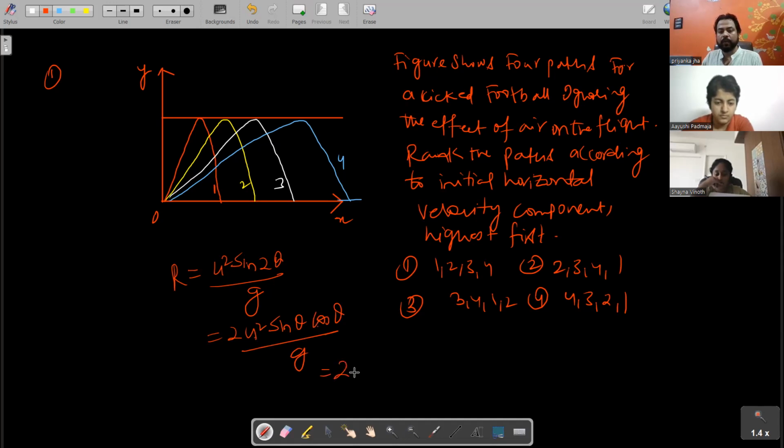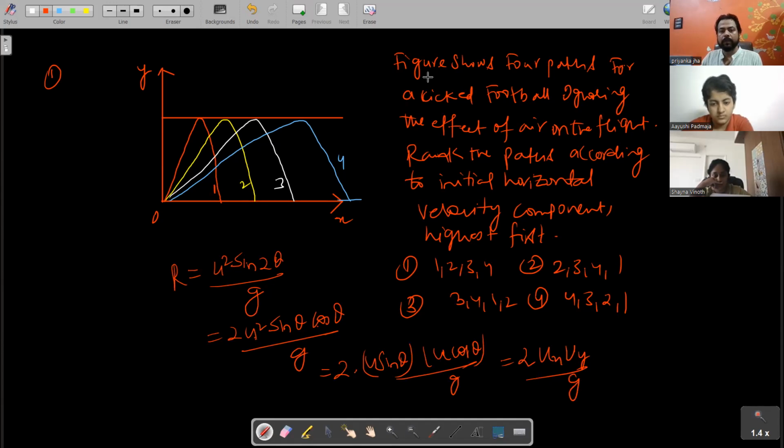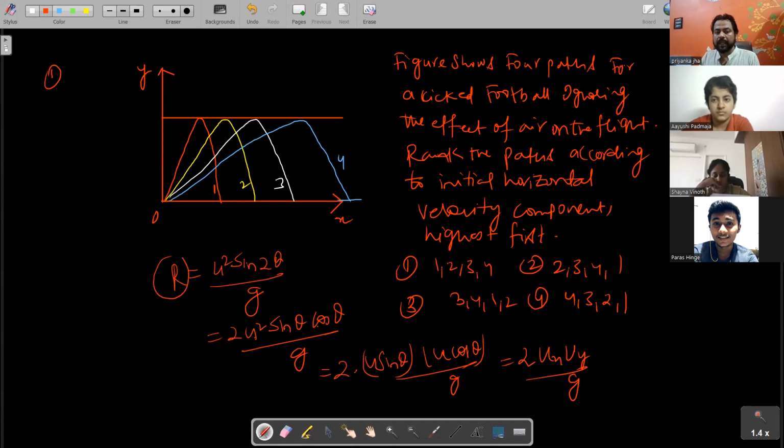So it is 2 times U sin theta and U cos theta upon g. So this is 2 Ux into Uy upon g. Now you can see that this range is directly proportional to Ux.